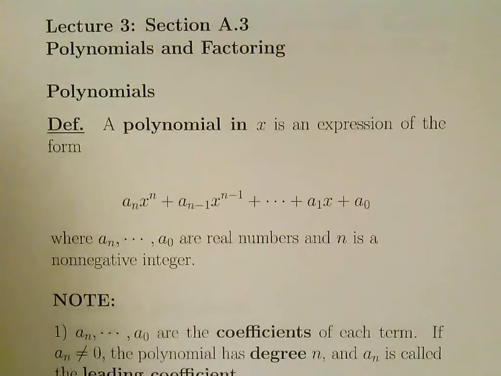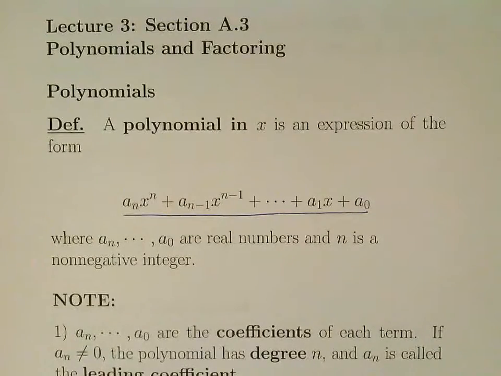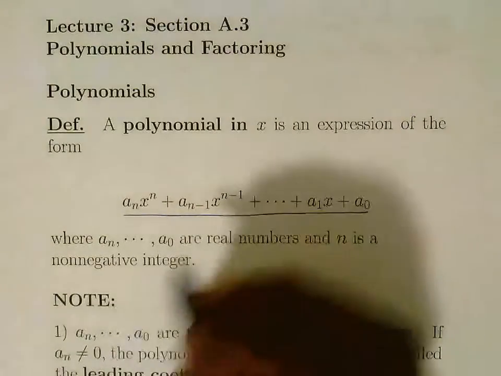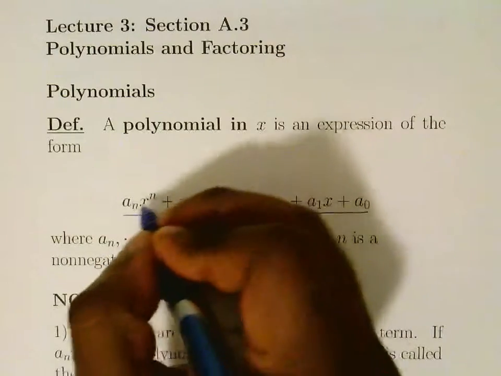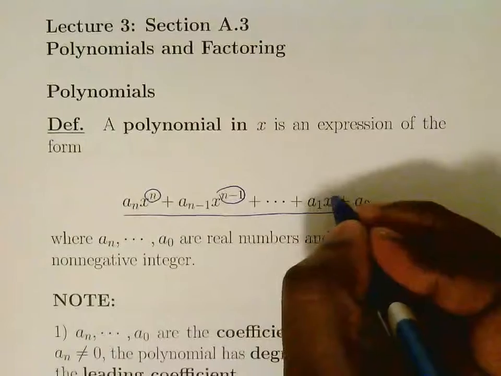All right, guys. So we were talking about polynomials. A polynomial is a function or an expression that is arranged in this form. Remember, you have to have positive integers for all these powers.